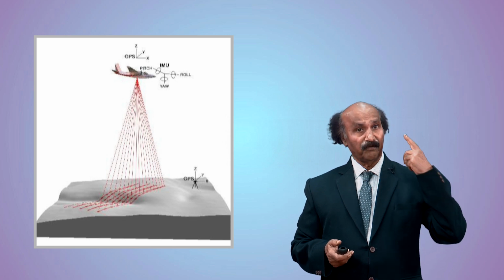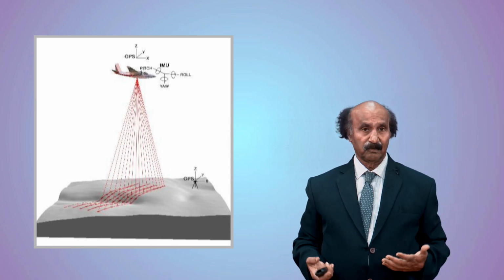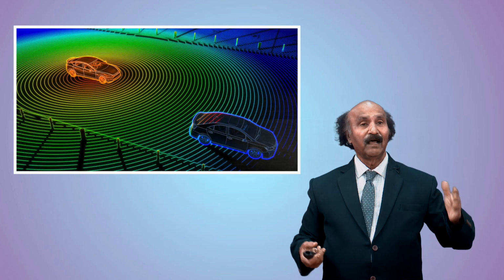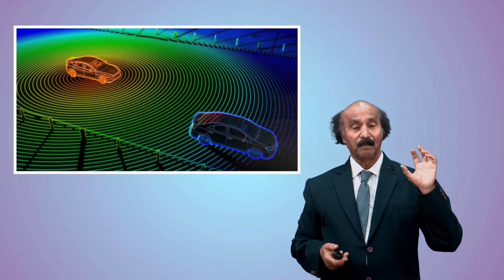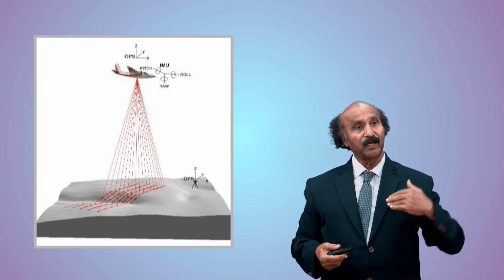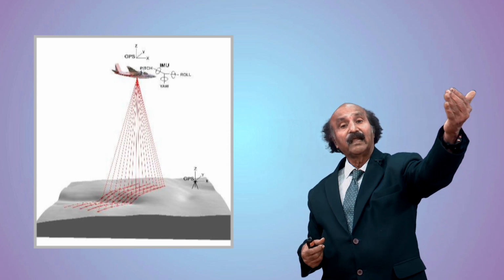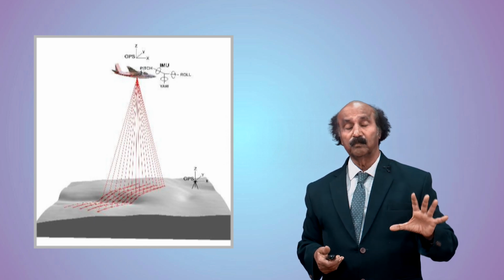When Armstrong went there, he left a corner cube prism, big array, so that some light at least will catch. Then from here, from USA, they sent a very powerful pulse of Q switch laser. It went up there, remember it would have spread out, then it came back. That light could be captured using a proper telescope.